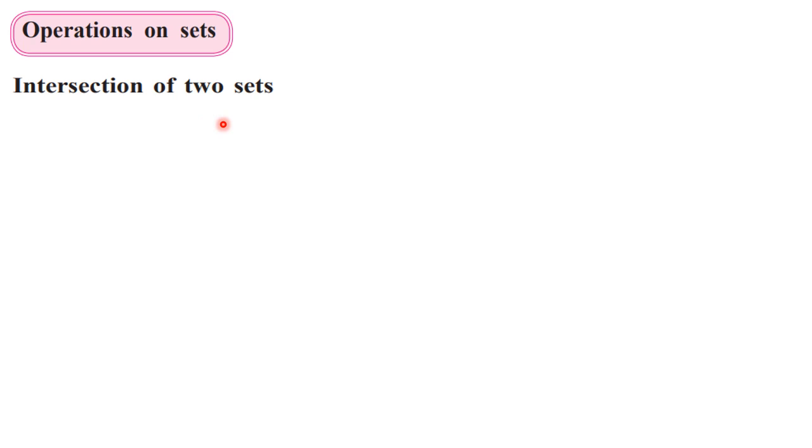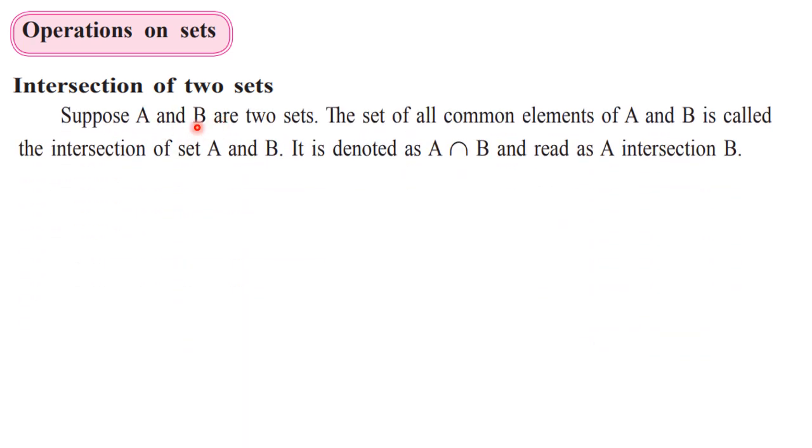So here we saw that if we have two sets A and B, then the set of common elements from A and B is called the intersection of sets A and B. It is denoted as A intersection B. See this symbol, a reverse U like symbol, a little bit broad, but this stands for intersection.